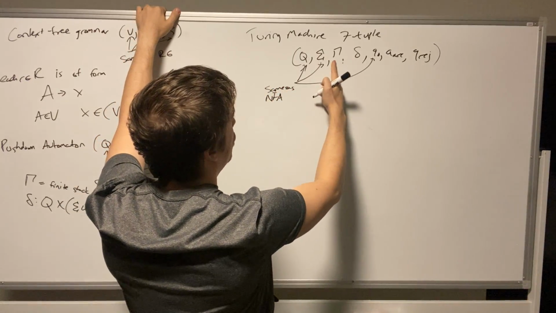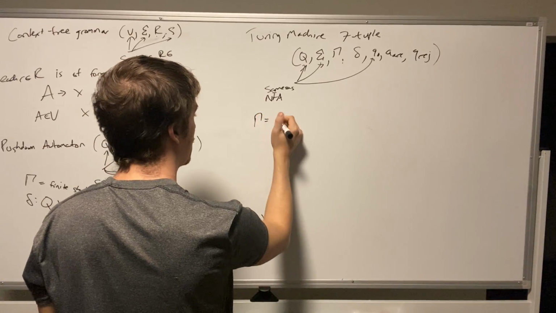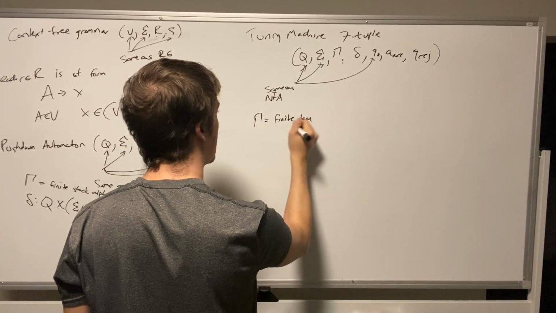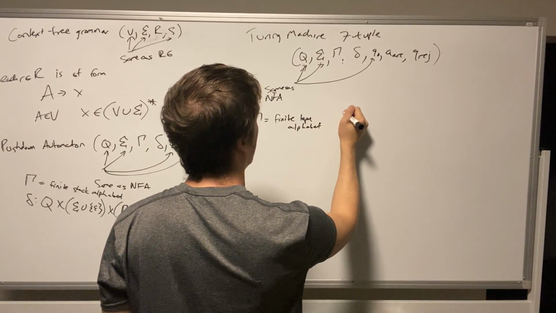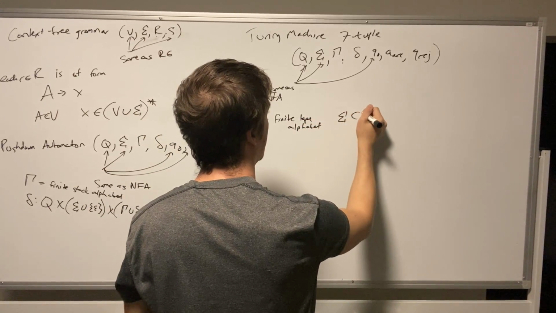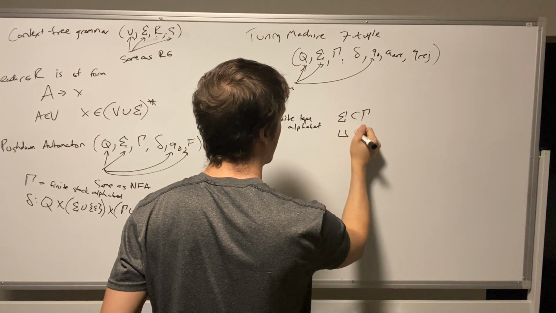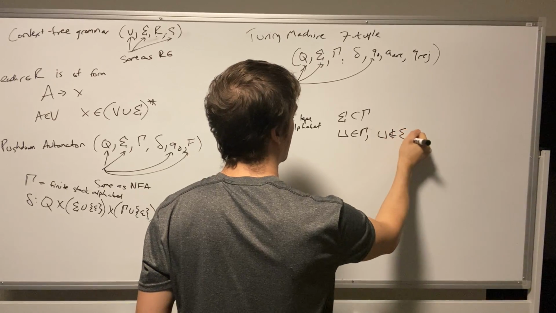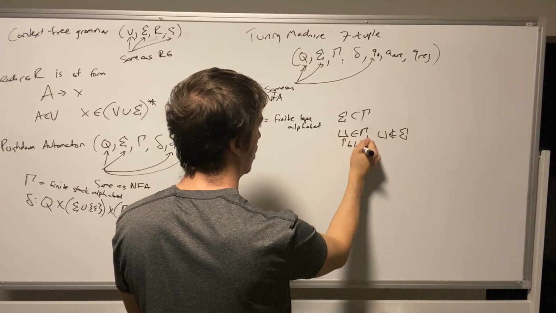I don't go to gamma because it is different here. So gamma is a finite tape alphabet, where sigma is a strict subset of gamma, and the blank symbol is in gamma but it is not in sigma. So this is the blank symbol.